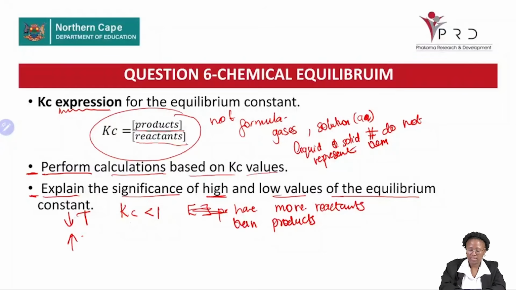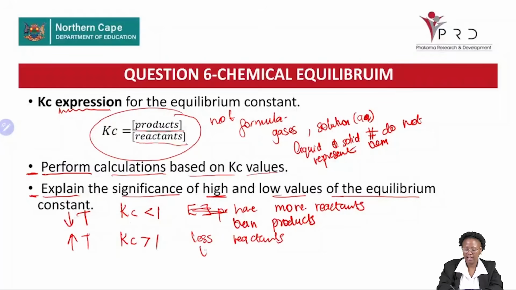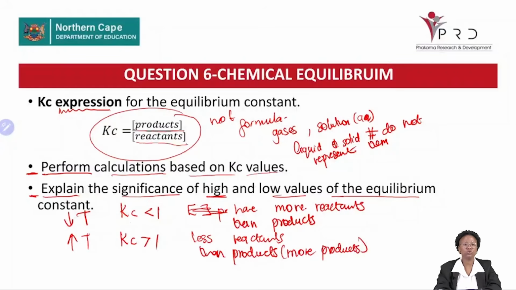But if you increase the temperature, then you will have a Kc that is greater than 1, which means that you are going to have less reactant than product. You are going to form more products, which is what you want because you want to make more profit. Very much important for you to take note of that as you are looking at the chemical equilibrium.